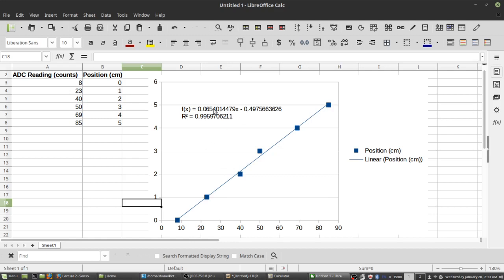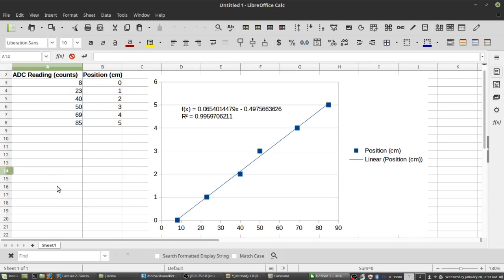Anyway, this is the expression that defines this line here. So what that means is, let's just use Calc's capabilities here.